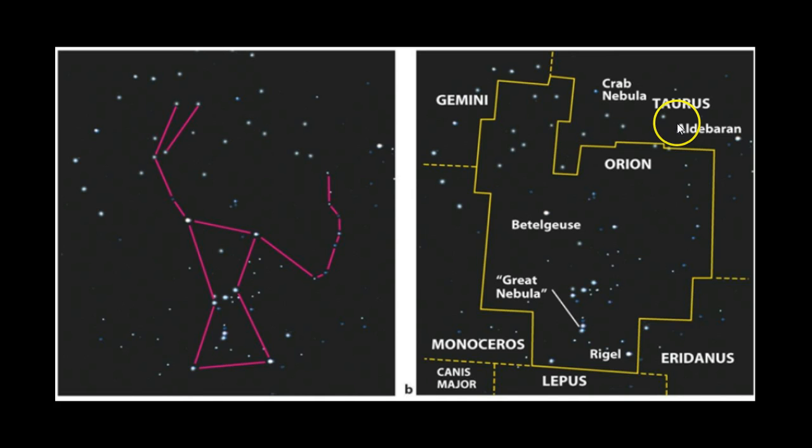The constellations astronomers refer to are areas of space that you see here on the right. So here's Orion. This looks nothing like this constellation here, but Orion is a spot in space that astronomers refer to as constellations.